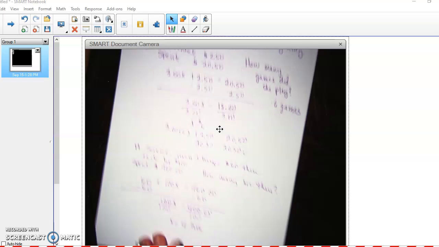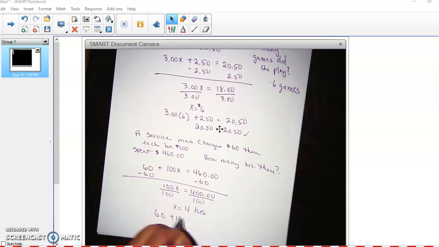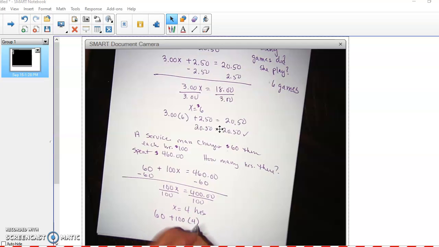So they were there for 4 hours. Now we're going to check it. So 60 plus 100 times the 4 is supposed to equal 460. 60 plus 400 equals 460. This side equals this side. $460 equals $460. So that checks out.